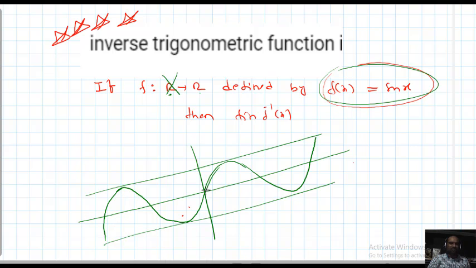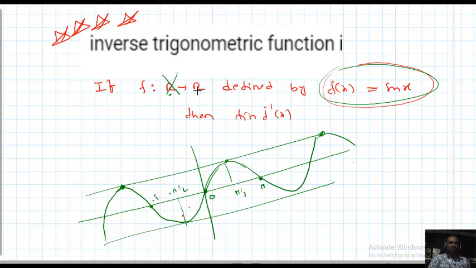Here is 0, pi by 2, this is pi, this is minus pi by 2, this is minus pi. Clearly this function is not one-one. It fails the horizontal line test. A horizontal line intersects the graph at several points. What is the meaning of that? Different x will get the same y. That's why it is not one-one.